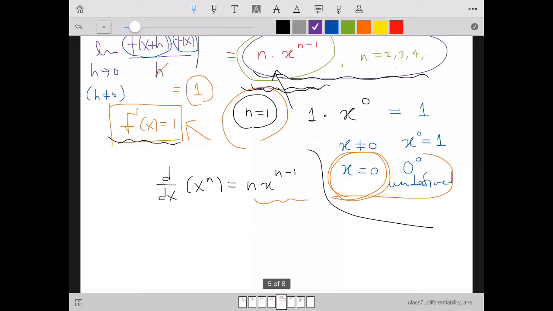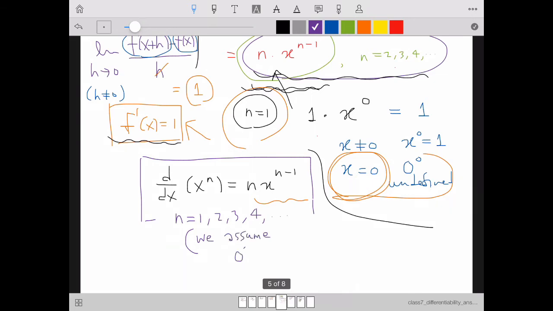So to denote the general power rule for all positive integers, we assume 0 to the 0 as 1, and we write this general rule.